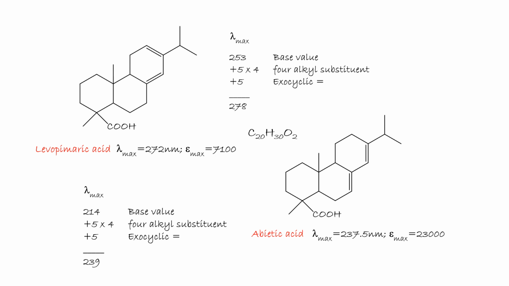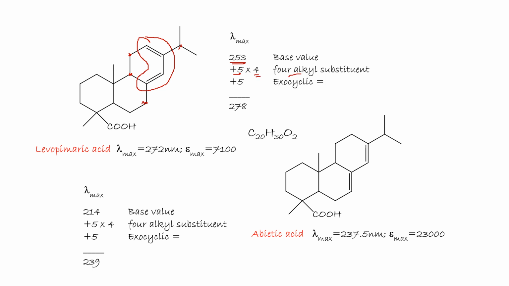For the levopimaric acid, we have here again a diene, but the double bonds are homoannular, in the same ring, so we start with base value 253. On the double bond, we have here 1, 2, 3, 4 alkyl substituents, so we have 5 times 4.